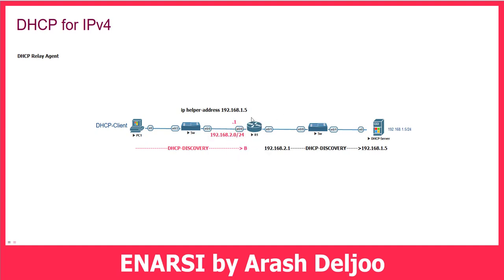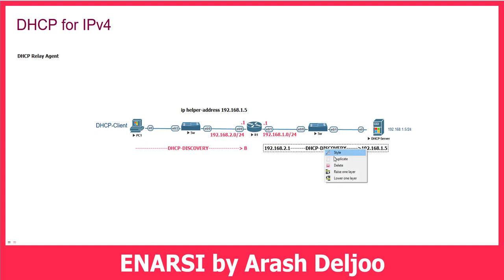On the right side, we are using 192.168.10.0/24, for example, and the IP address of the gateway is 0.1, and the IP address of the DHCP server is 192.168.1.5. Because of that, now the router should create this DHCP discovery to the destination of the DHCP server.